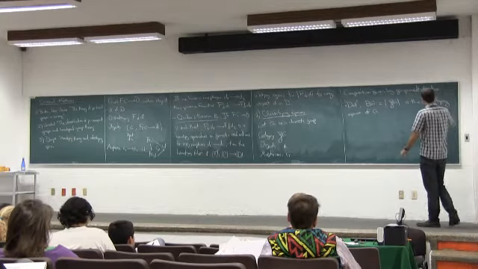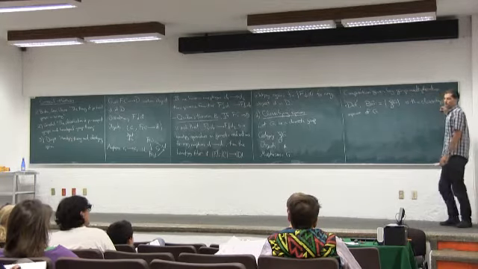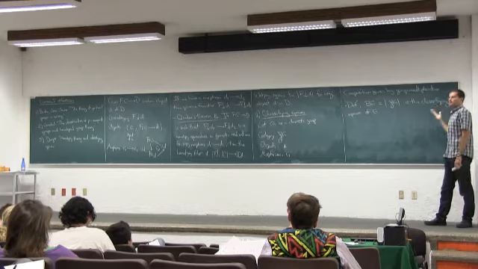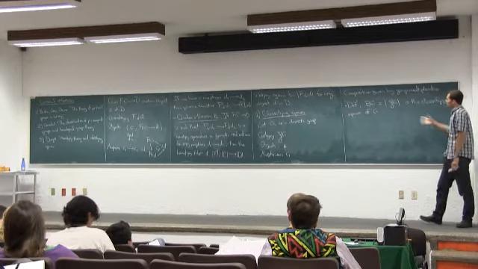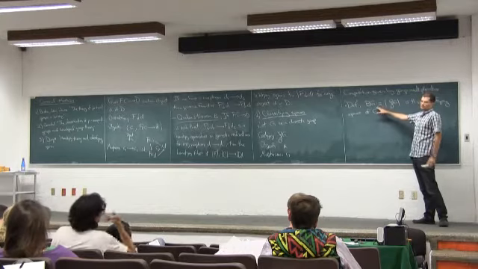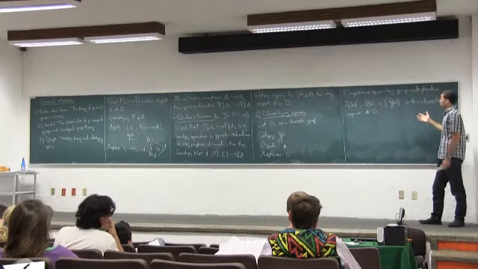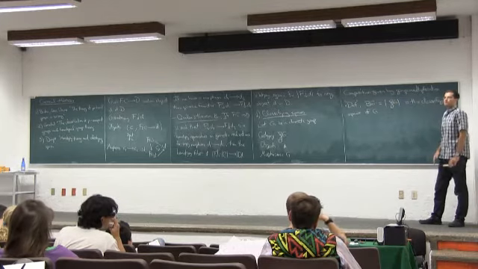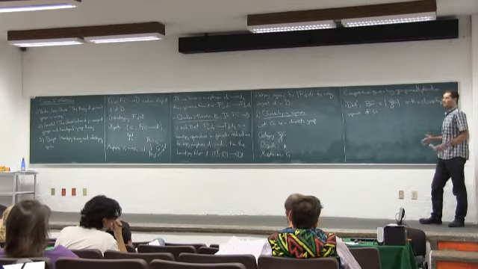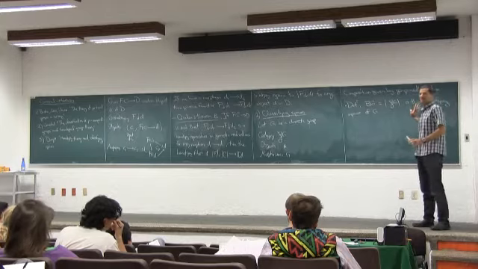Because usually when one talks about classifying spaces, one talks of a space up to homotopy, right? Only of a homotopy type. So here what I'm doing is giving a specific model. So to be more precise, one should say BG is a model for the classifying space of G. But I don't want to be saying that all the time, so I will just say classifying space.